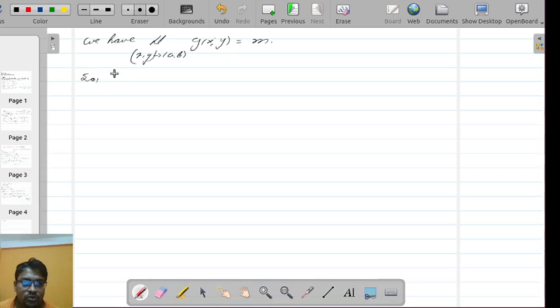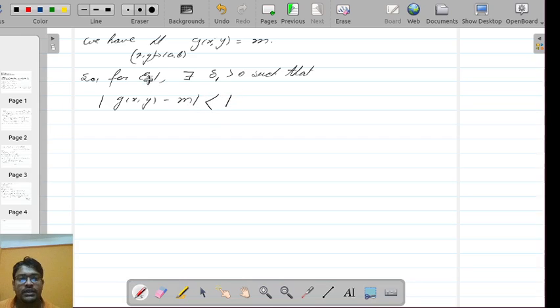So for epsilon equal to 1, there exists a delta, say delta 1 greater than 0, such that mod of g of xy minus m is less than 1.